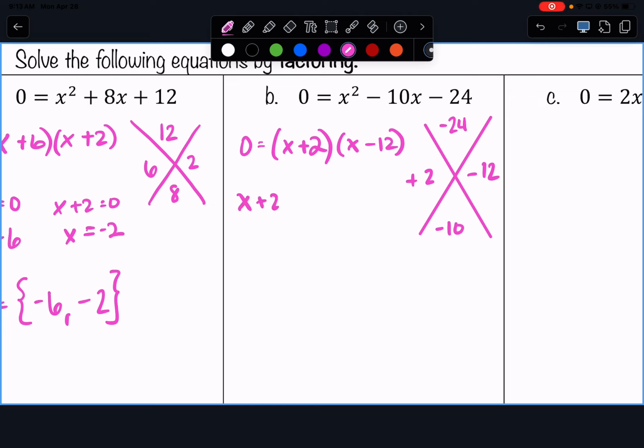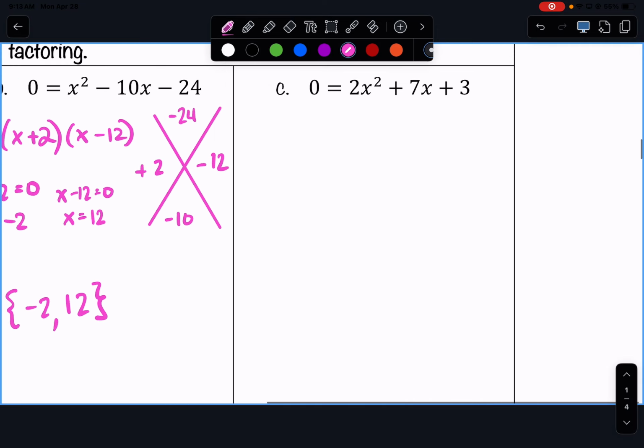X plus 2 equals 0. What does x equal? Negative 2. X minus 12 equals 0. What does x equal? So we get x equals squiggly bracket, negative 2, comma 12.